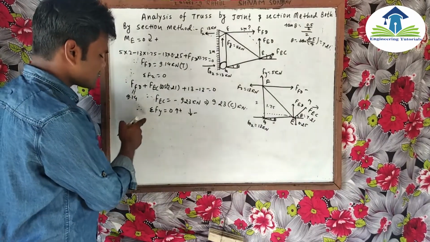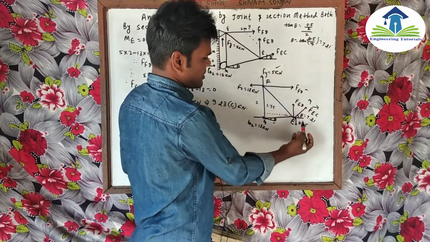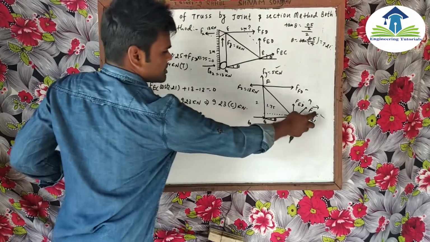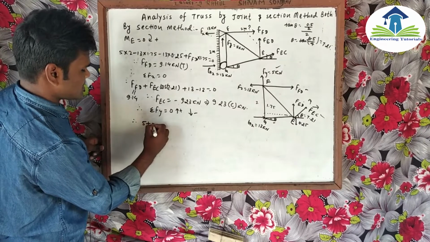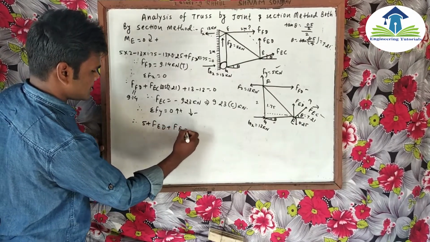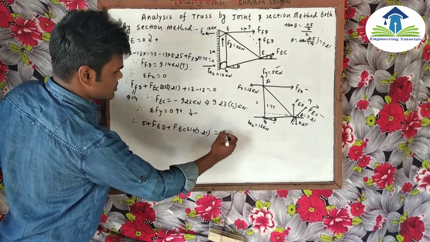So the total vertical force: there are three vertical forces, this and this. So we can write 5 plus FED plus FEC sin 7.21 degrees is equal to 0.